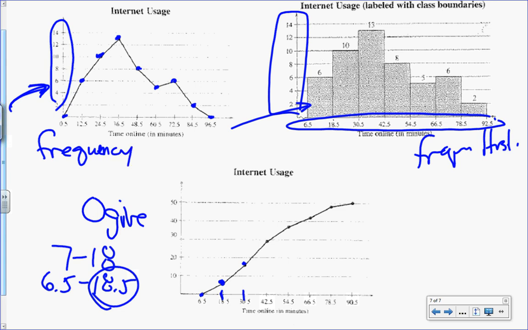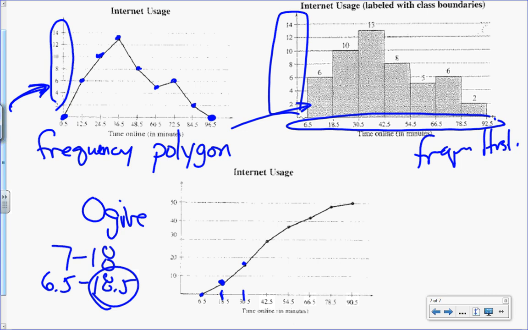This is actually called a frequency polygon because you will always connect it back to that horizontal axis. So then does it kind of look like a polygon when you're done? It will if you always connect it back. And notice they started at the 6.5 here, and they ended at the 96.5. So they went from the very beginning to the very end, and they closed it off. Okay? So that's a very helpful way to tell the difference between a frequency polygon and the ogive.